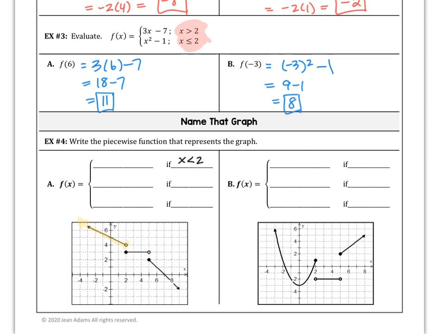That would be that yellow piece right there. And then, let's see, this piece right here in the middle, that's going from x of 2 to an x of 5. And notice how the 2 would have an or equal to because it's a solid circle. So that's what that piece is.